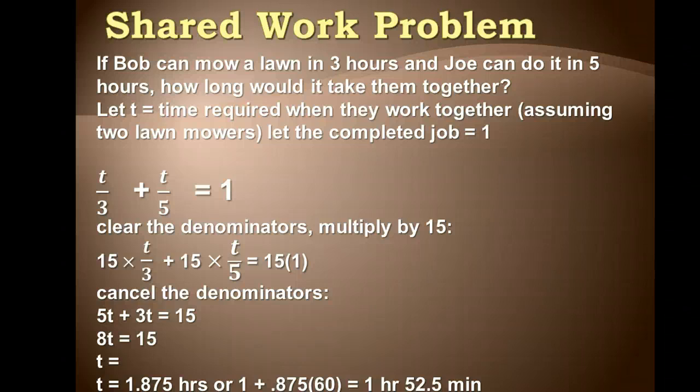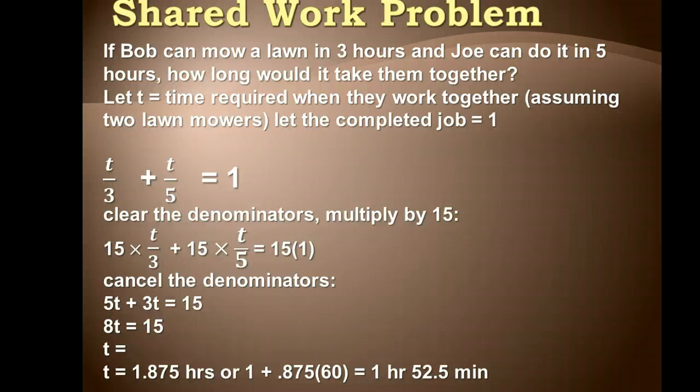8T equals 15, because you combine the like terms there, and you get T equals 1.875 hours. You might want to look ahead of time to see whether the multiple choice answers are given just in hours, or in hours and minutes.